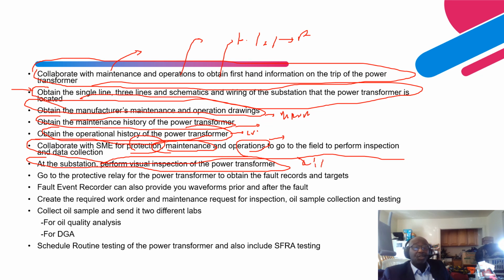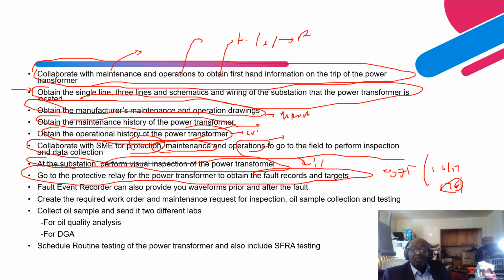Check all the gauges to see what the indication is. Then go to the protective relays that protect the transformer. So you go to the 87. If you have a differential, you go to the 87T. You have a backup 50/51. You have a 51G, ground time overcurrent.